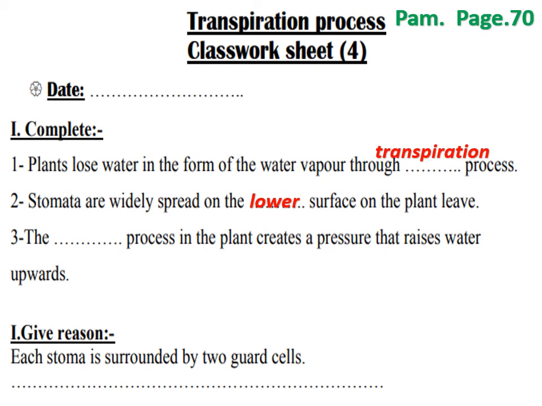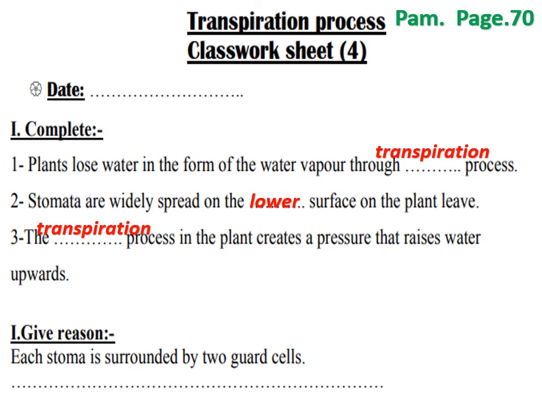As we said before, scientists found that transpiration process helps the plant to pull the water from roots to stem and then to the leaves. So without transpiration, there is no pressure, there is no pushing force of the water from root to stem until it reaches the leaves.